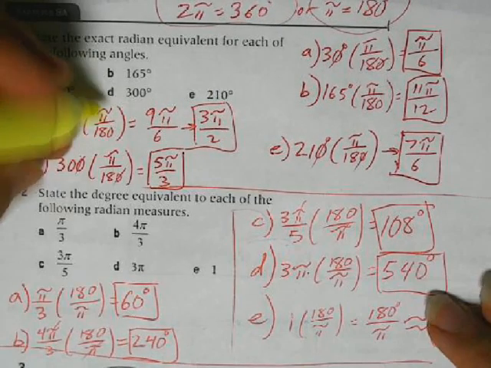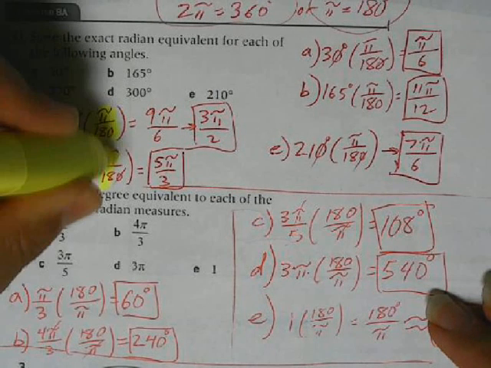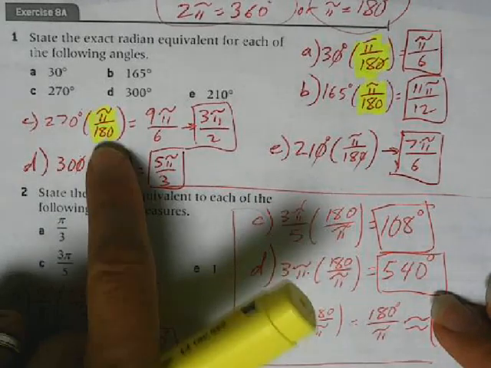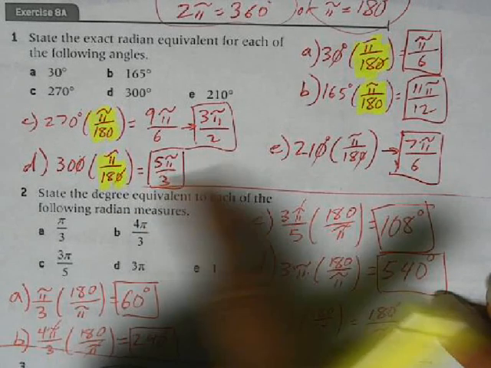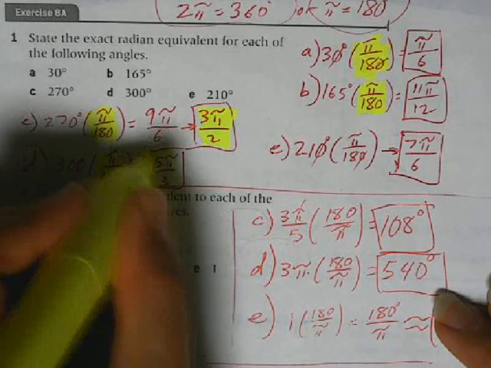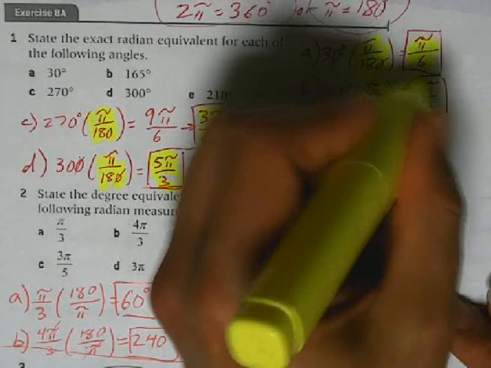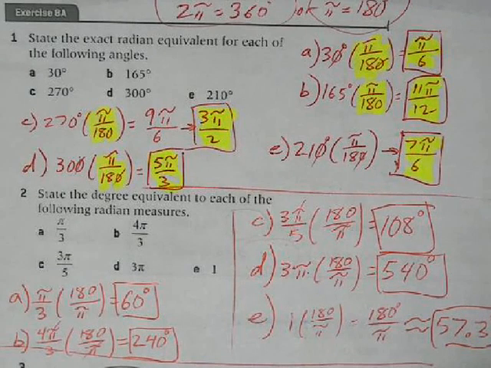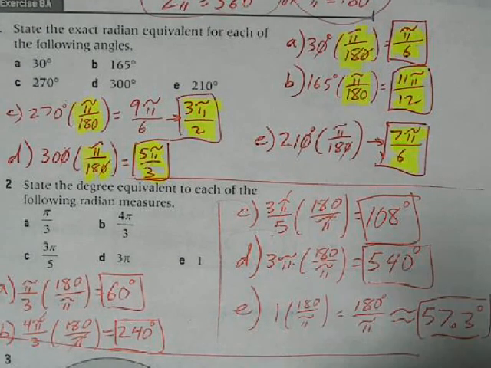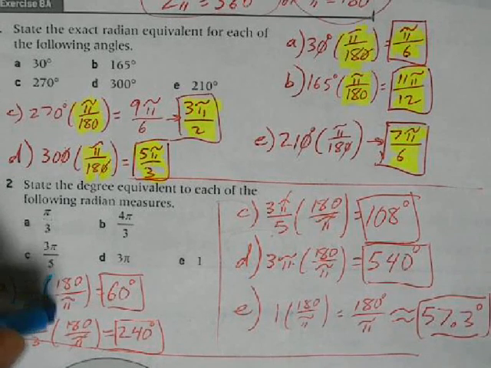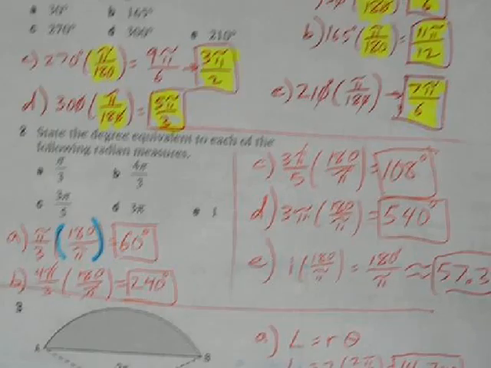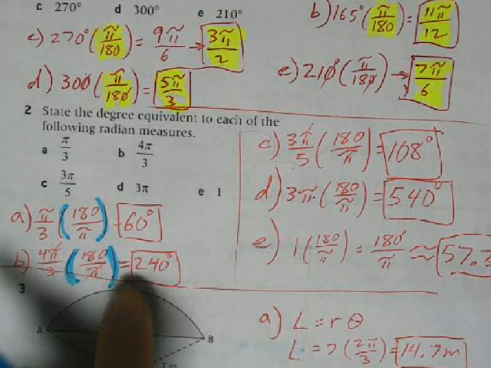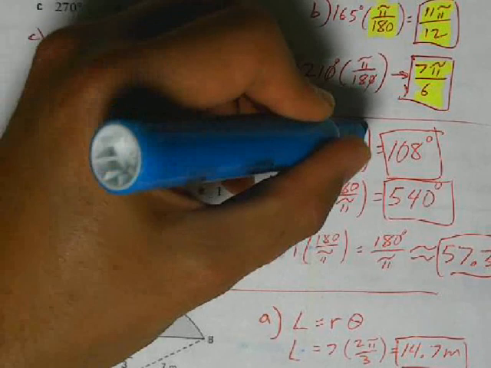So if I multiply everything by pi over 180 and simplify, then we're going to be able to get everything into radian mode. You might want to hit pause and check your answers. Now in question 2, I'm going to multiply everything times 180 over pi. And by doing that, it's going to cancel out the pi, and then we're going to end up with our answer in degree mode.